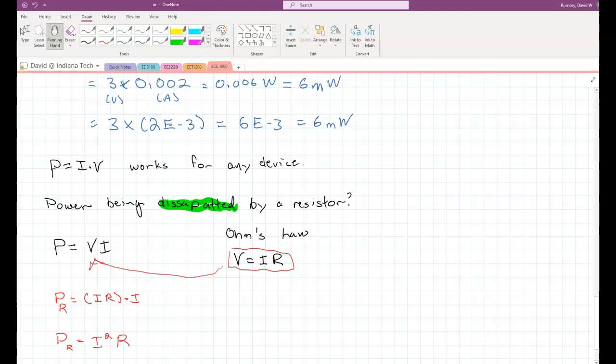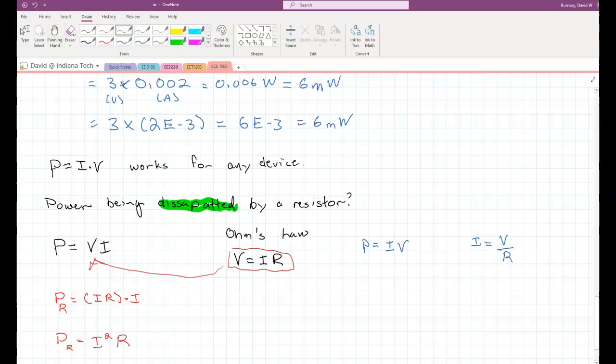But we could also rewrite Ohm's law. I'm going to rewrite the power equation again. Again, I changed it for some reason. But we could rewrite Ohm's law as current is equal to voltage divided by resistance.